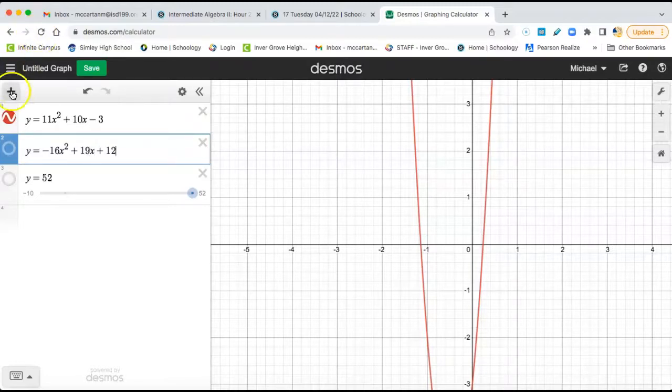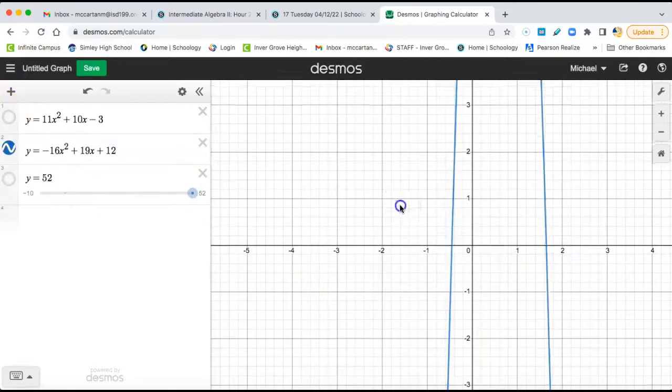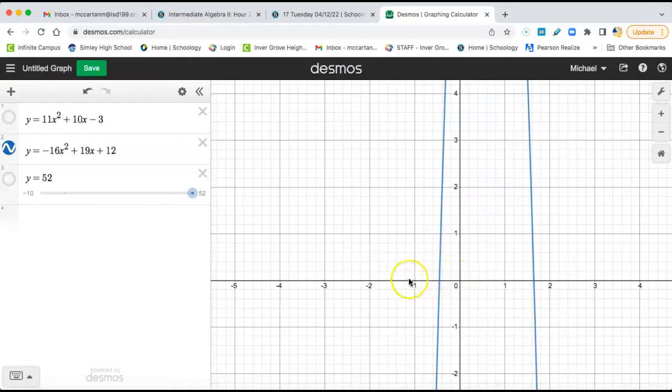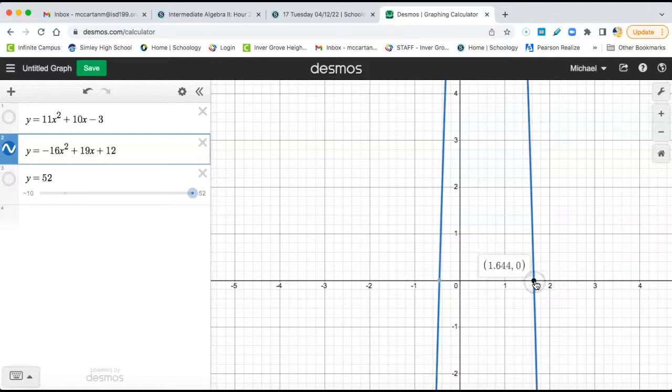I'm going to turn this one off so we can't see it and turn this one on. Here we are. We're looking where it hits the ground. That's where it comes back to 0. So here's one answer right there. That's the real answer. 1.64 seconds. You also get a negative answer that doesn't make sense in the real world, okay? There's your answer there.